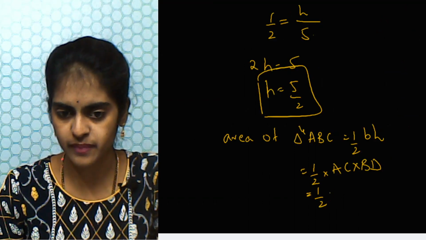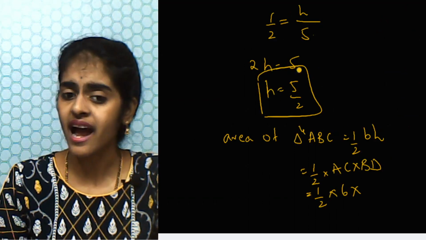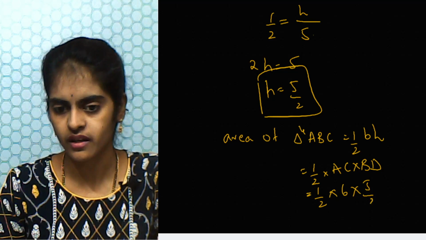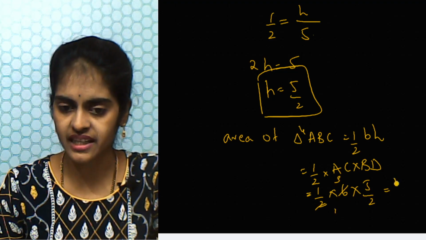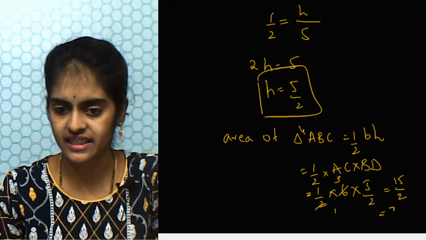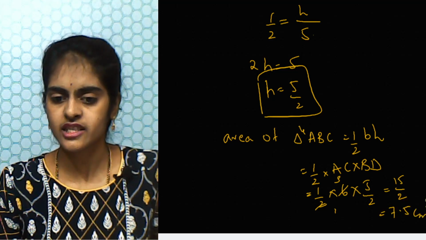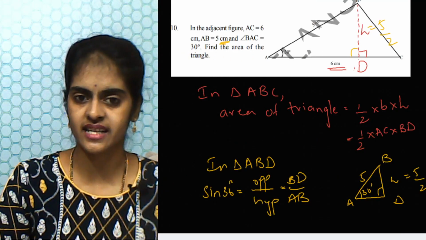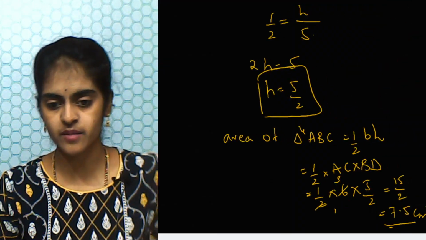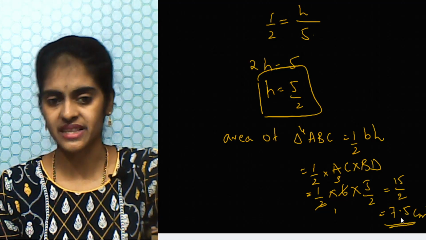So this is half multiplied by 6 multiplied by the height, 5 by 2, you got. 2 ones are 2, 3 twos are 6. So the area of this triangle is 15 divided by 2. You can write it as 7.5 square centimeters, because the units given are in centimeters.